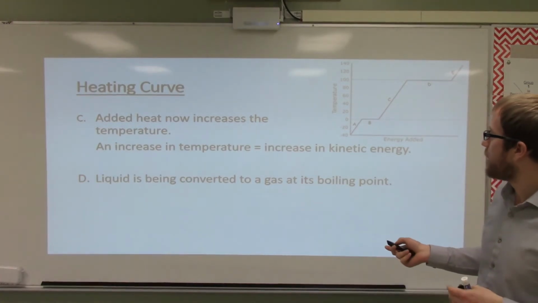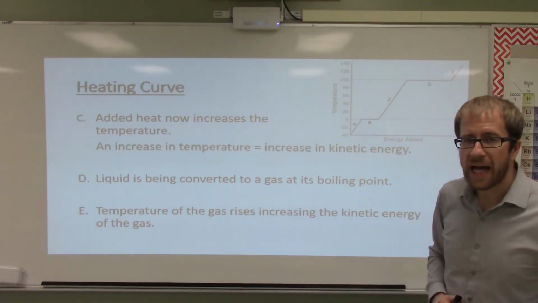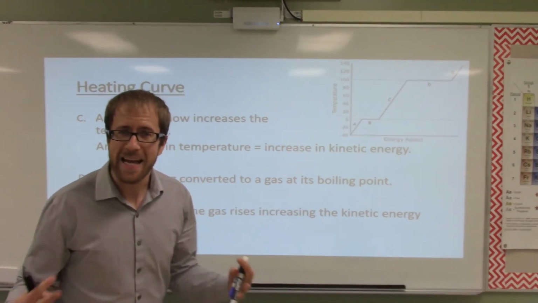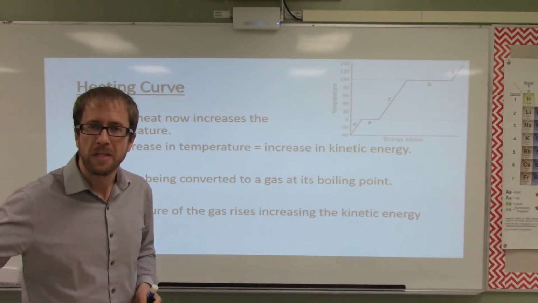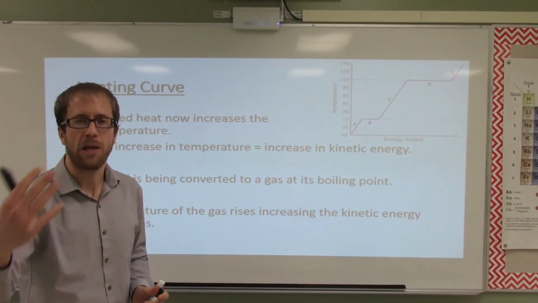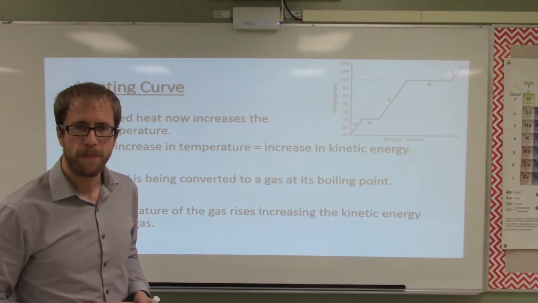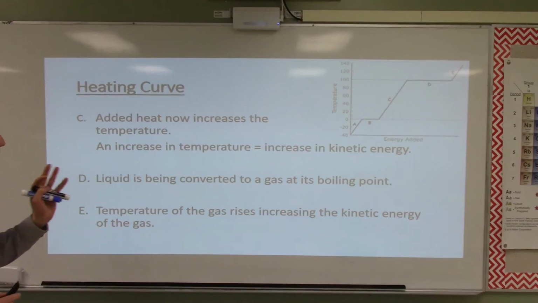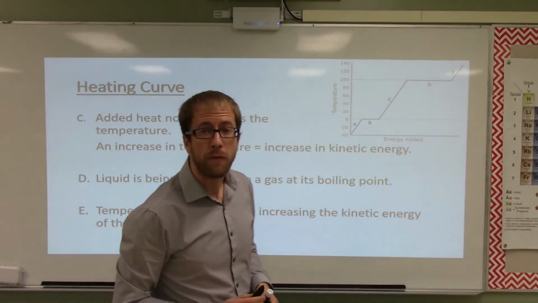Now that substance is turning into a gas, and once it's all turned into a gas, that gas now will begin to increase in temperature, aka increase in kinetic energy. So that's what's happening on a heating curve.